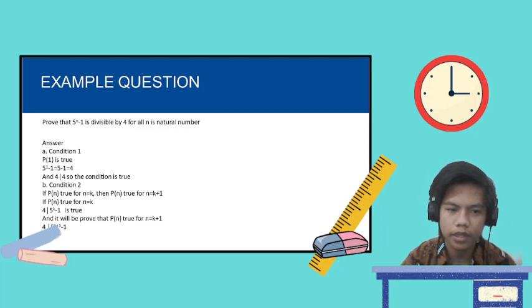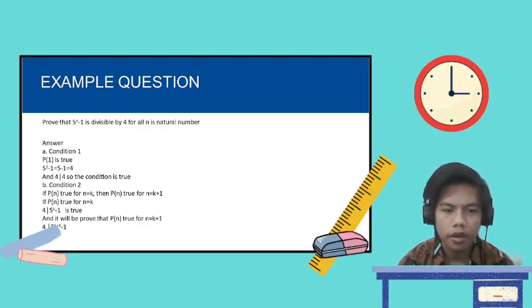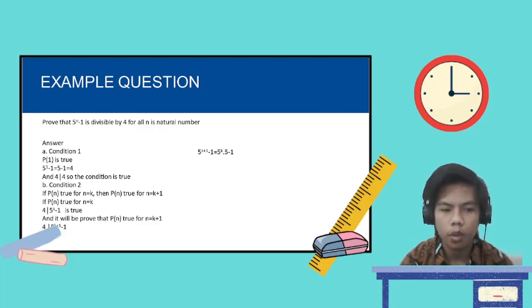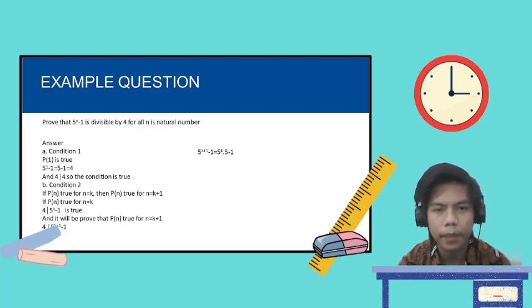And we can write that as 5 to the power of (k plus 1) minus 1 is divisible by 4. And so we can write that as 5 to the power of k times 5 minus 1.